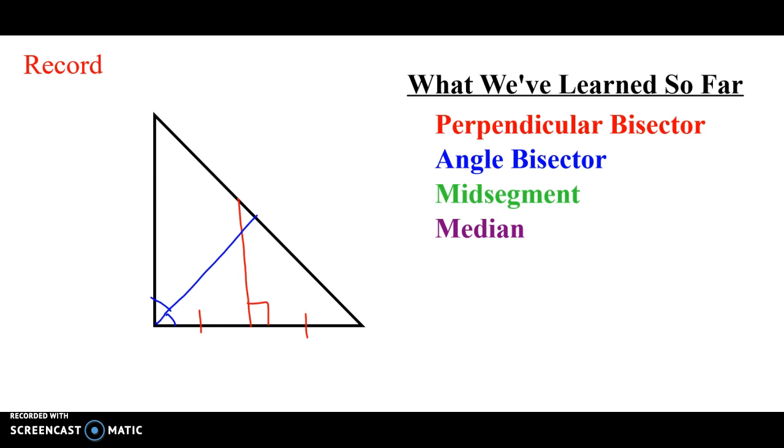Last class, we learned something called a midsegment and a median. So the midsegment goes from what to what? What point? What type of point? A midpoint. A midsegment goes from midpoint to midpoint. So you have to find 2 midpoints. And I actually already know this one, right? Because that's the perpendicular bisector, which means this here is the midpoint.